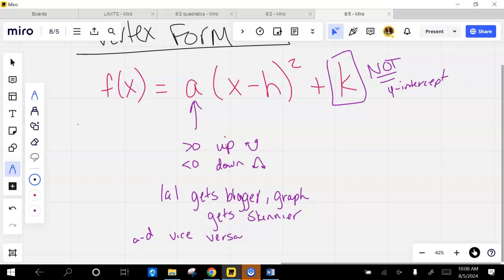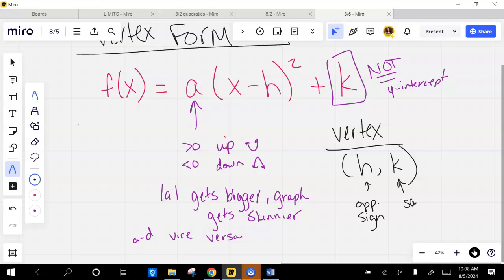The vertex is h, k, whatever those variables are. Now be very careful because h is going to have the opposite sign and k is going to have the same sign. But that's going to just give me my vertex. So instead of having to go opposite b over 2a, plug back in, I just pull my vertex out and then continue.